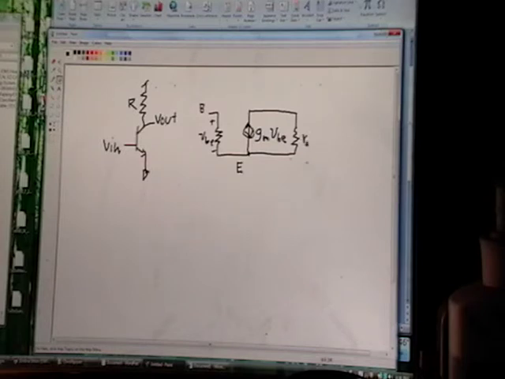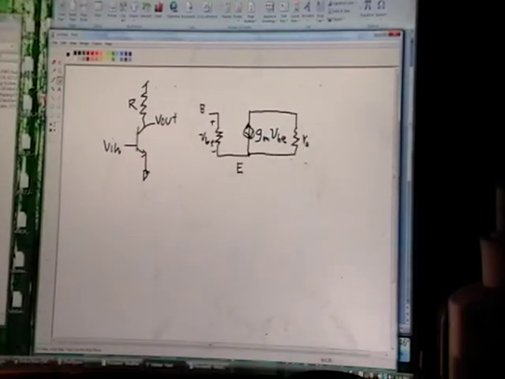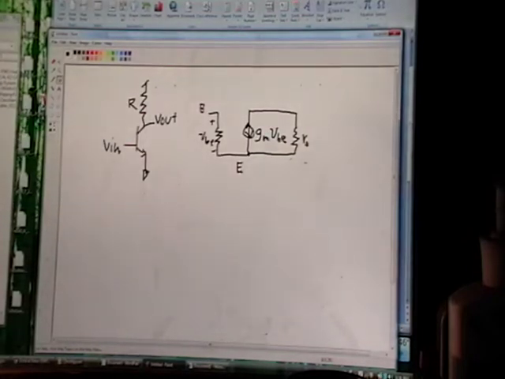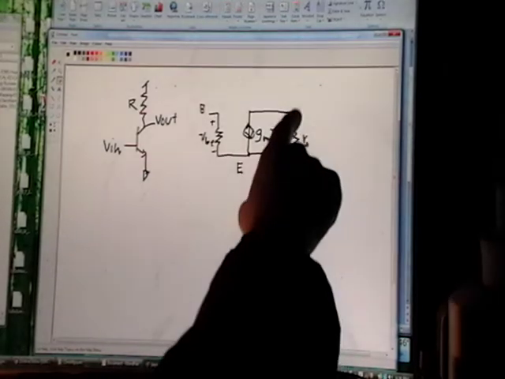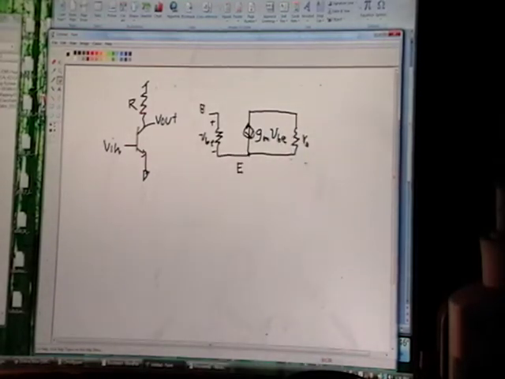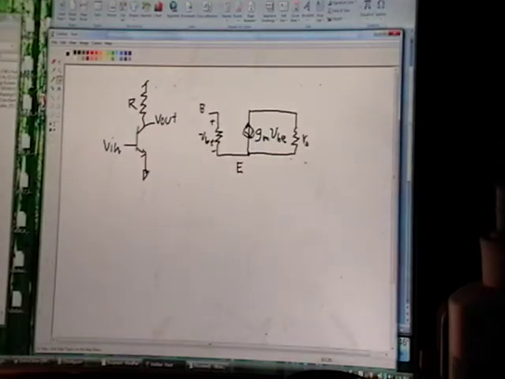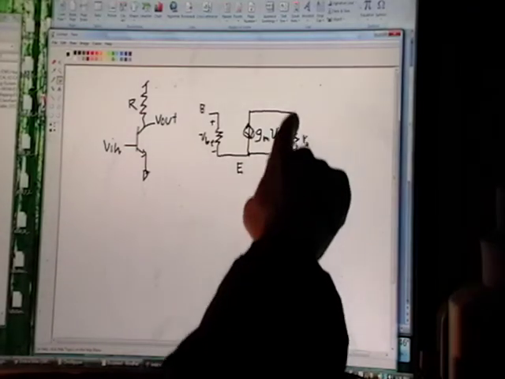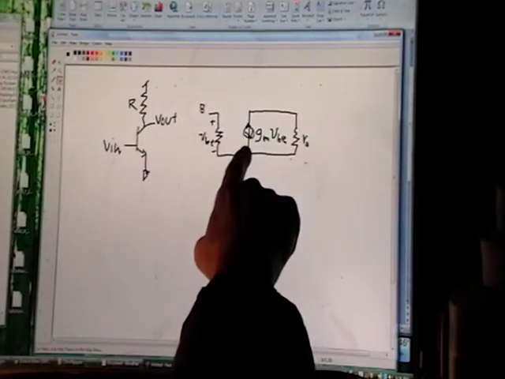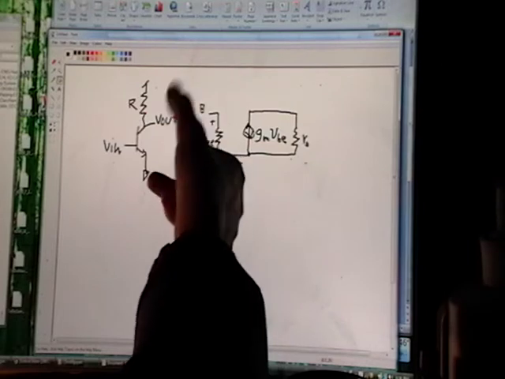A lot of people make the mistake of calling this RO the output resistance of a transistor. Yes and no. What this is actually representing is the effects of base width modulation. When we go into detail of the model, you'll see why that's so. This represents the change in current due to changing VBE.